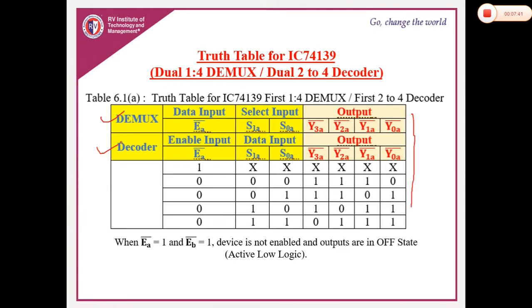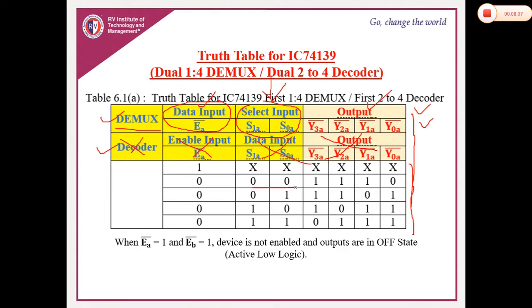Means you can just forget about these two rows, whatever I am cancelling now. With the help of the first row, second row, and this part, we can explain that this IC can be used as a demultiplexer, where demultiplexer means we require one data input and select inputs followed by outputs. So one data input, 1:4 output, and for selecting that we have select inputs.